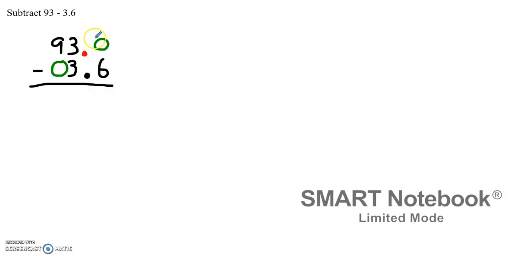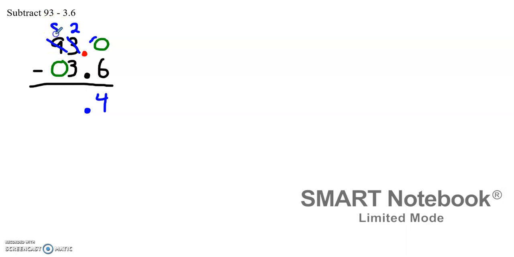0 minus 6 I can't do, so I have to borrow. So this 3 in the ones becomes a 2 because I'm going to take the 1 out and make it 10 tenths. So this 0 becomes a 10. Now I can do 10 minus 6, and that gives me 4. I then bring down my decimal, and then I do 2 minus 3. I can't do 2 minus 3 because 2 ones and 3 ones, I can't subtract it that way, so I have to borrow.